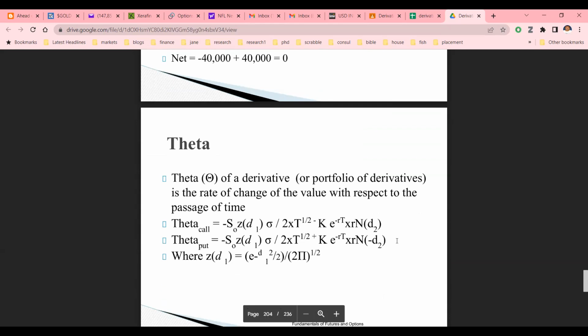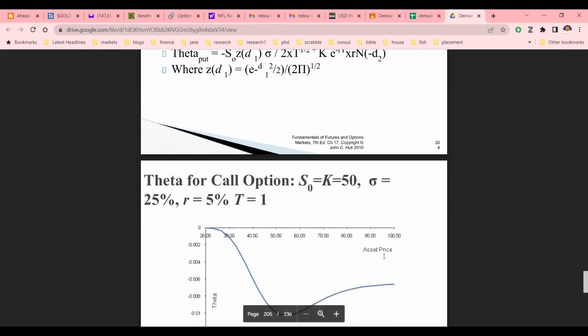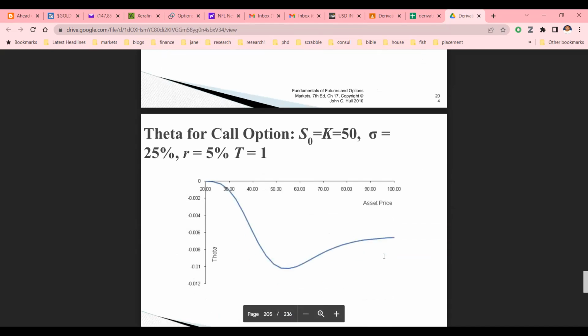So it declines because the time premium is decaying. So the decay is measured by theta. Is that clear? So how much time decay is happening is captured in theta. So you can see here a theta and how it decays.